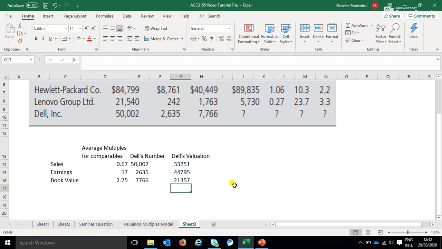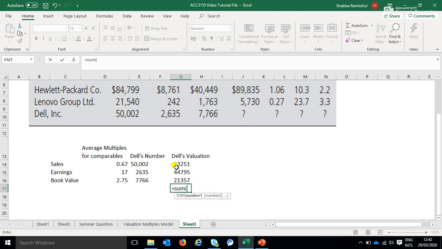Now, what's the deal here? Remember, we want to be as accurate as possible. We can't say Dell is valued at $33,251 or 44,795 or 21,357. So what we do is this. Let's try to get some form of average. So let's sum these three valuations first of all.